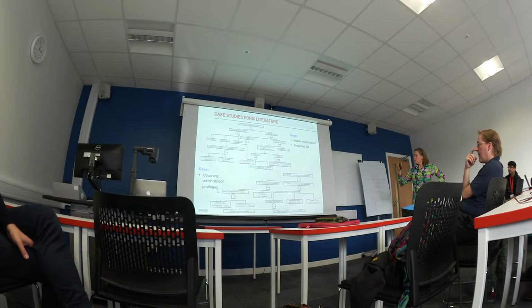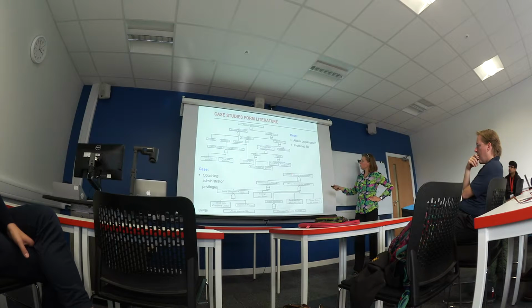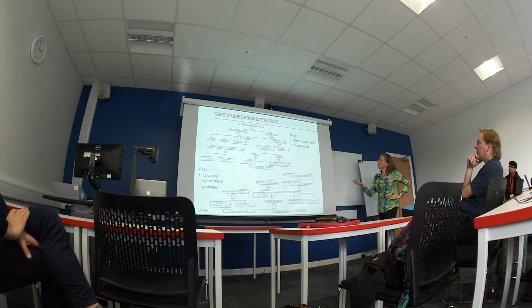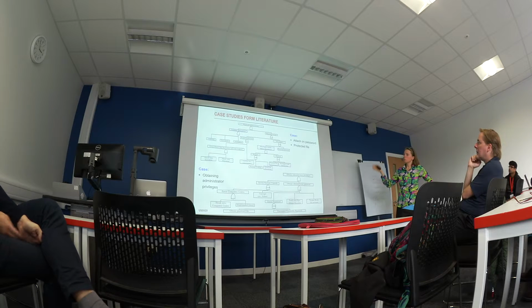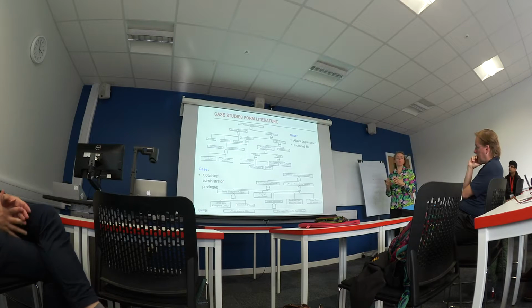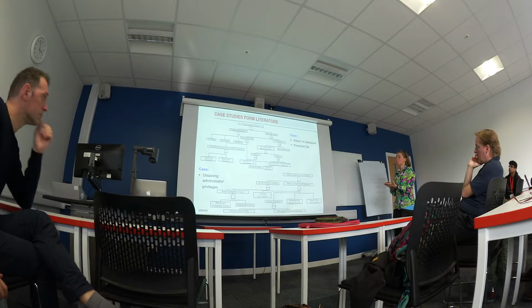Here there are some case studies that we did basically from the literature. One is where we obtained administrator privileges. One is a successful attack on passwords, and we just took the models from the literature, took their values whenever they were available from the literature, and added additional quantitative variables.